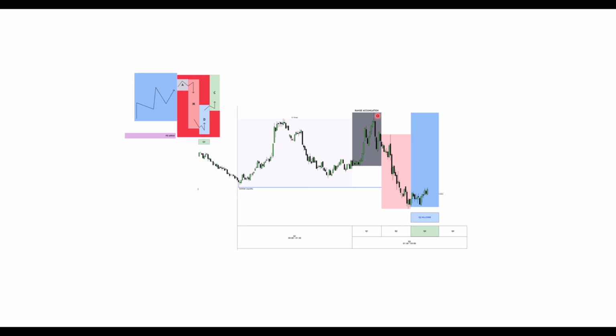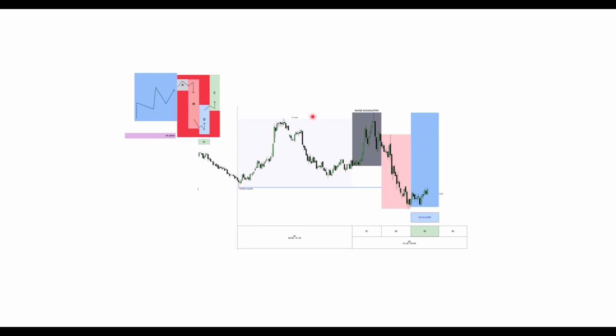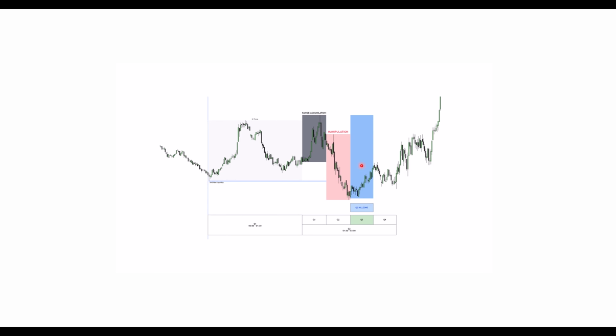And your draw on liquidity is the accumulation range high. It's the accumulation range high because that is our true range. When price manipulated, it's drawing back to our accumulation range. So it should pretty much look like something like this.